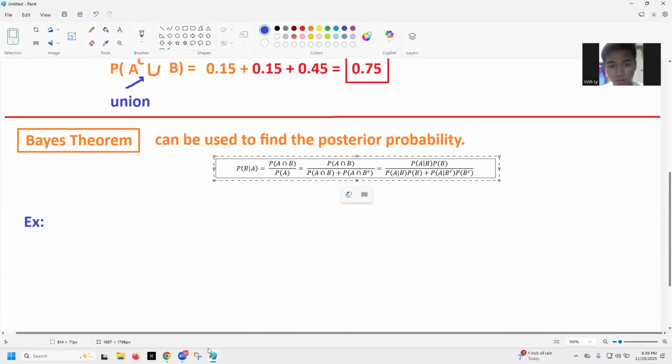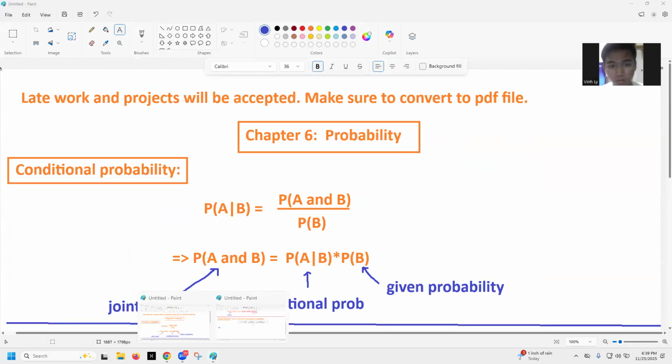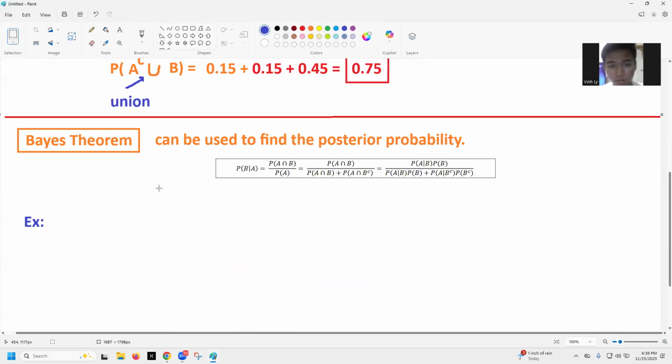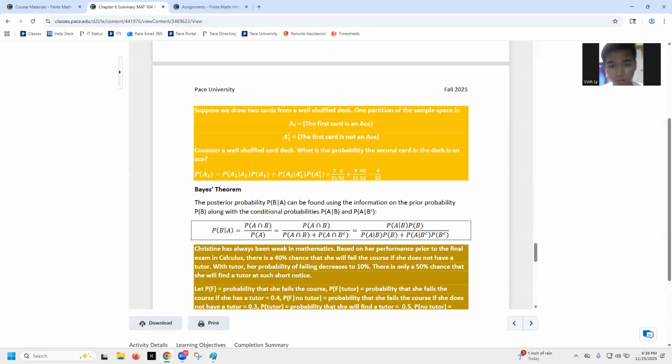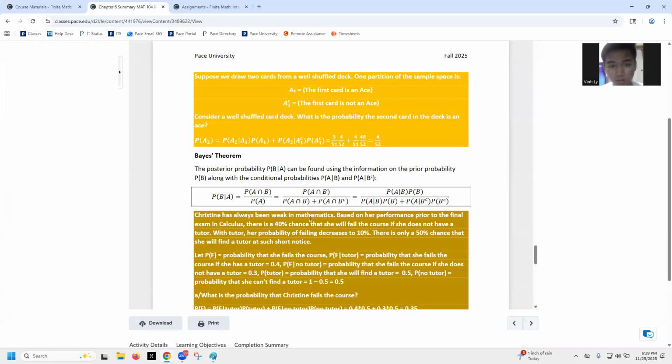This is what we have for the formula. In other words, I want to find P of B given A if I know P of A given B. It's kind of like going the opposite. I will give you one example to elaborate on why it's so important.